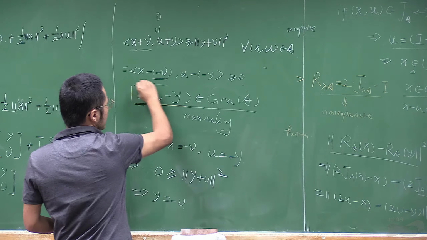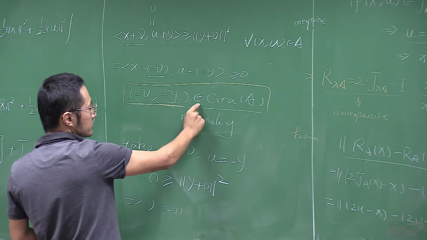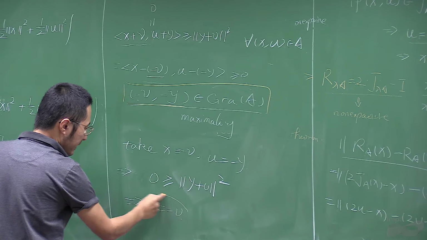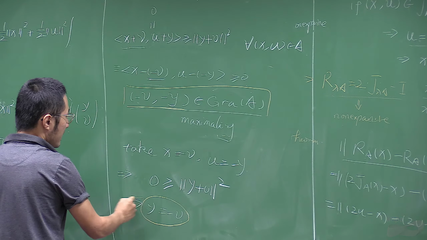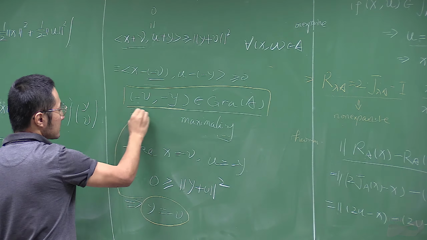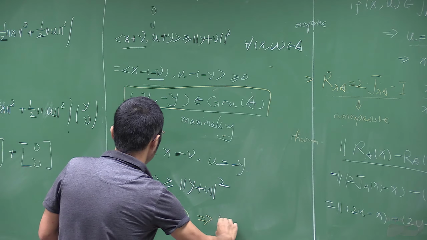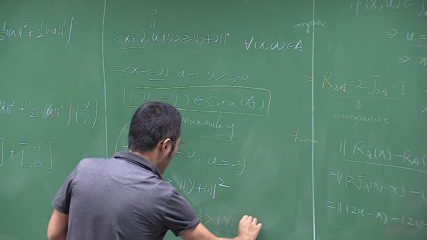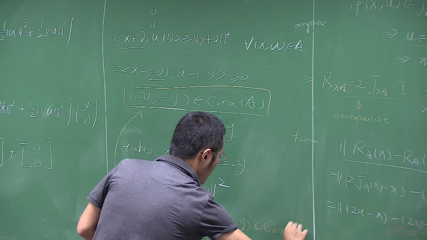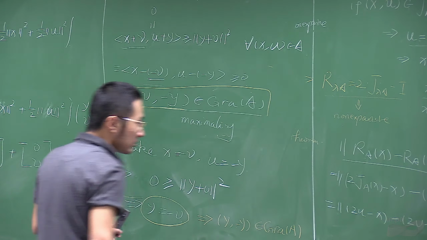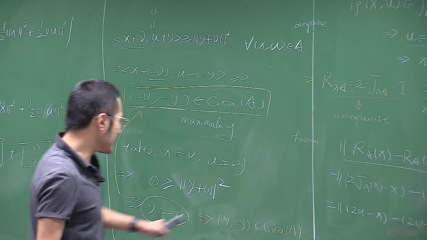By the maximality, we already proved the minus v minus y belongs to the graph of A. And here we get another conclusion, y equals to the minus of v. And we use this conclusion in this relation. So we get what? Y minus y belongs to the graph of A. Okay? Y minus y. What does it mean?